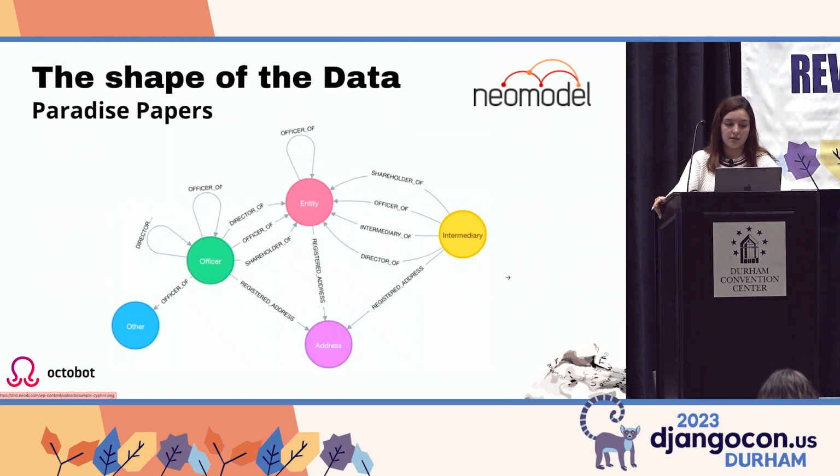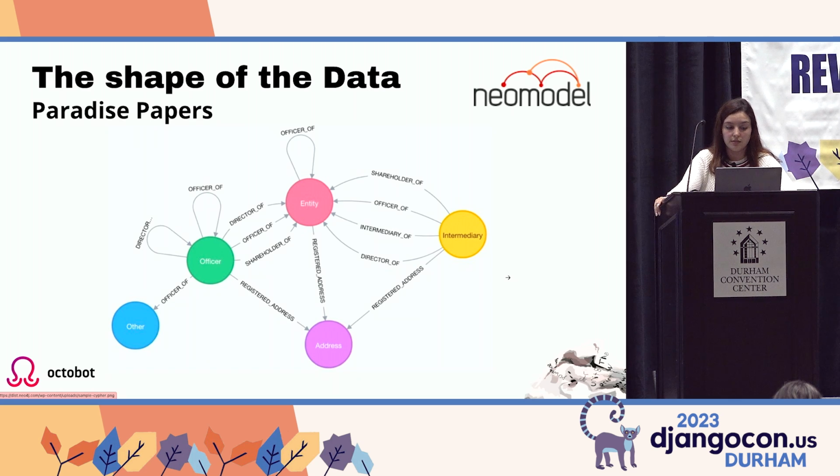So here is the shape of the data of the Panama Papers. First we have the entity, that is the offshore legal entity. This could be a company or a trust that was created in a low-tax jurisdiction. Then we have an officer, that's a person or a company who plays a role in an offshore entity, such as a beneficiary or a shareholder.